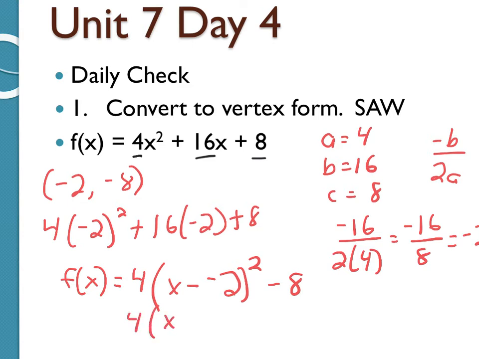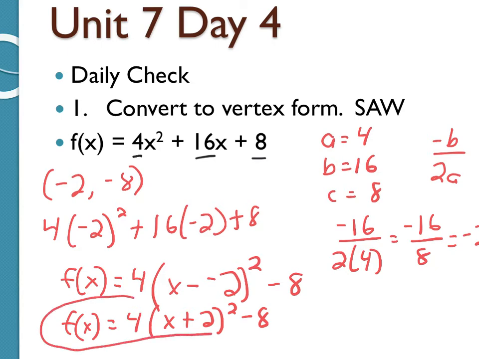So that's going to give me x plus 2 squared minus 8. So f of x is equal to 4 times x plus 2 squared minus 8. So we took that to vertex form from standard form.